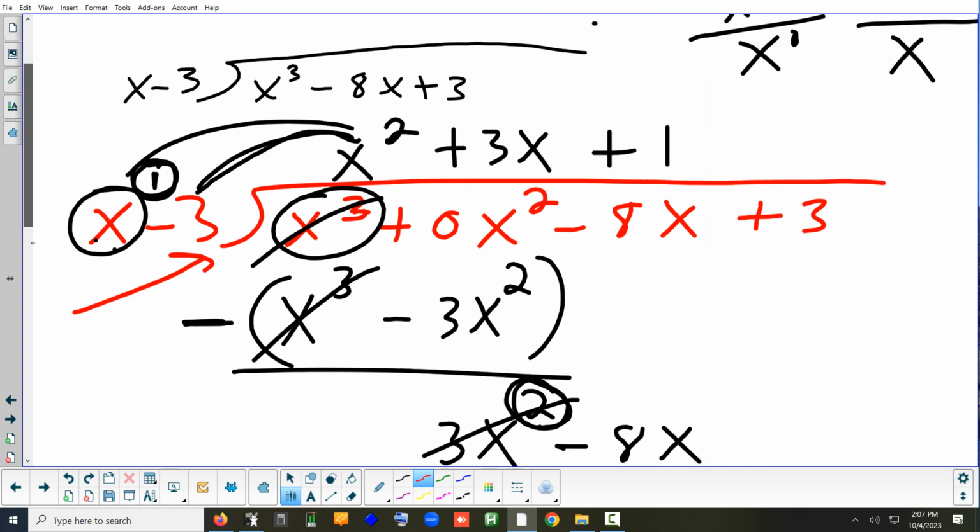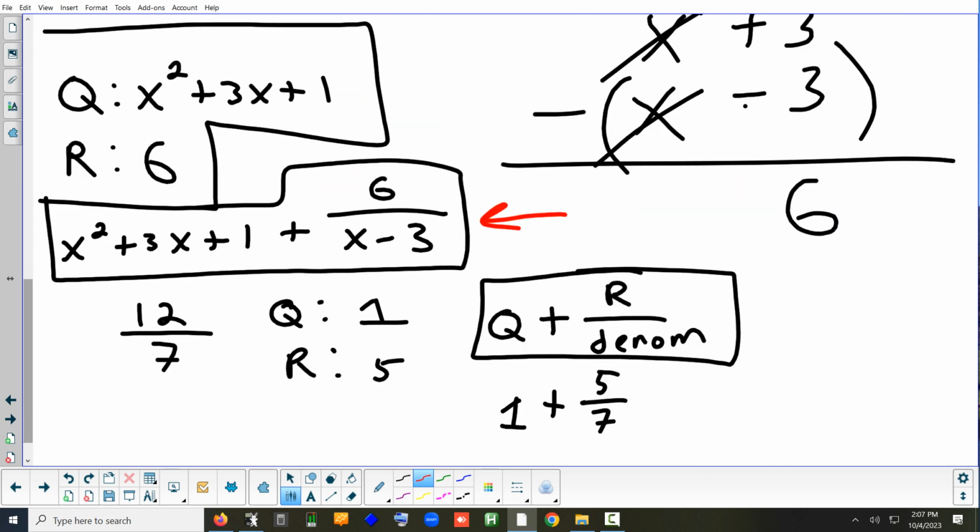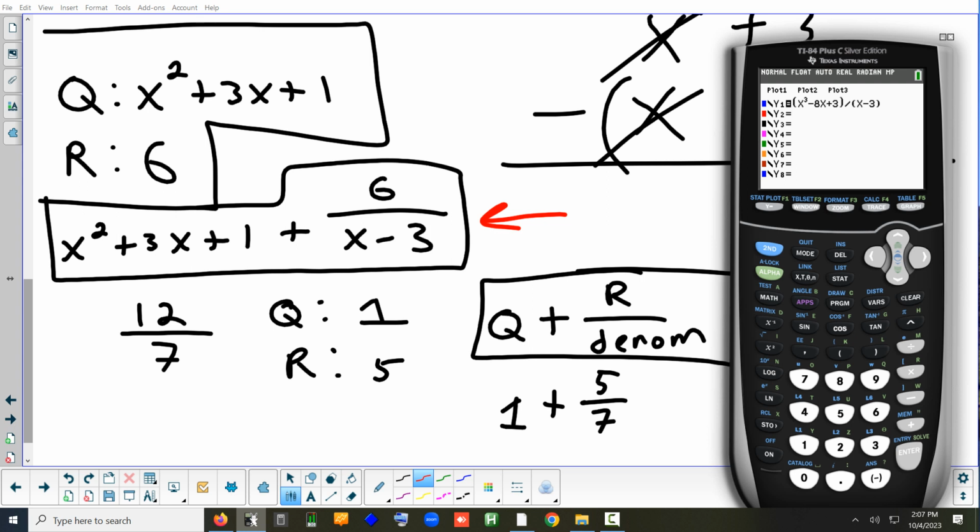And now let's type in what we got for an answer. X squared plus 3x plus 1. I'm just going to be a little careful with parentheses here. Plus, we need 6 divided by x minus 3.